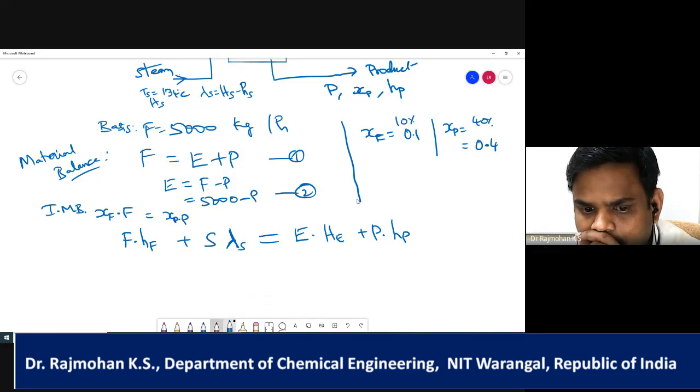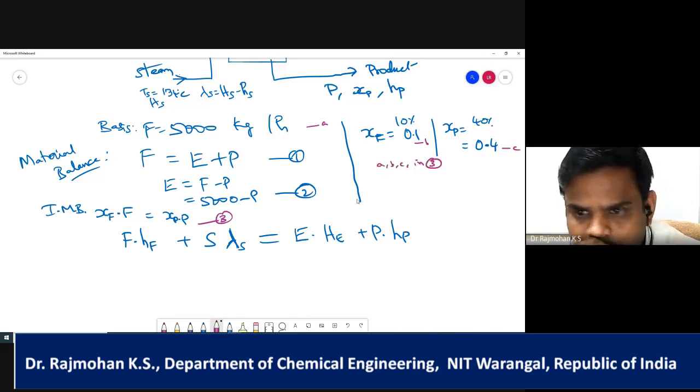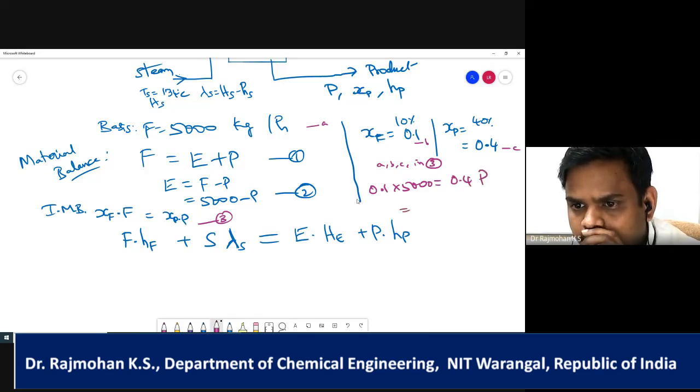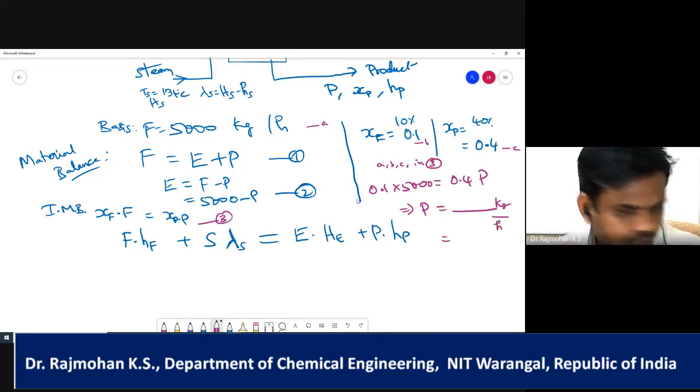So using this material balance equation 3 and these data, a, b and c, substituting a, b, c in the third equation, we get 0.1 into 5000 is equal to 0.4 into P, which will give us the value of P in kg per hour. How much is it on your calculator?